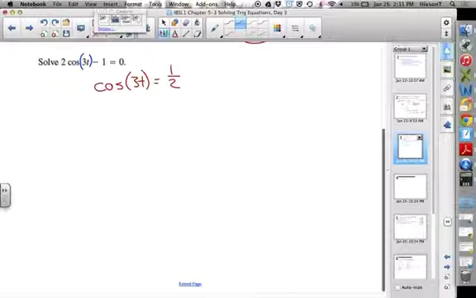And then 3t would equal pi over 3 or 5 pi over 3. Okay? Where does cosine equal 1 half? It doesn't matter what we're taking the cosine of, it's just where does cosine equal a half at those two values. If it's like 1000t, it doesn't really matter. It only matters once we get to this step, then we're going to divide everything by 3.